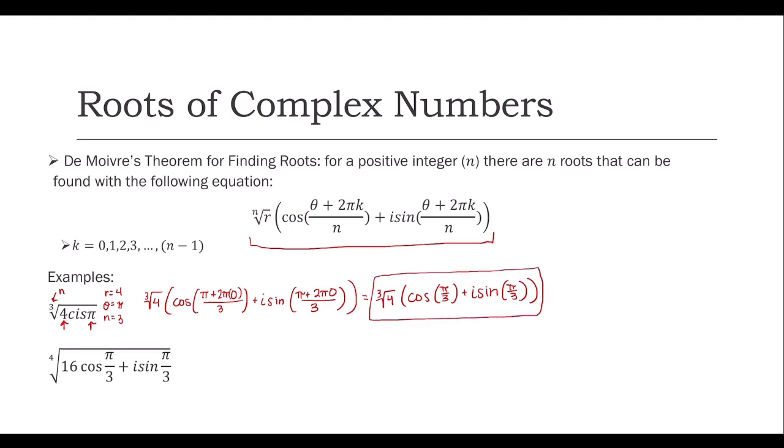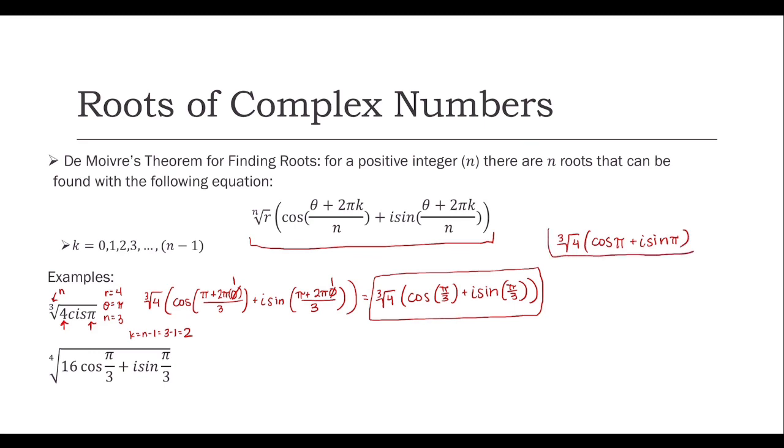And we're going to go until k equals n minus 1, so until k equals 2. So that's when k equals 0. Next we have when k equals 1, and all we'll do is change this to be a 1. So our numerator is going to be pi plus 2 pi, so it'll be 3 pi. So we'd have the cubed root of 4 times the cosine of pi plus 2 pi, so 3 pi over 3, which is just pi, plus i times the sine of pi.